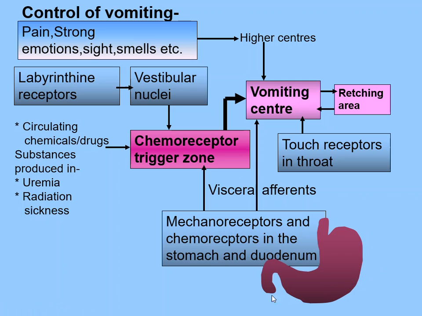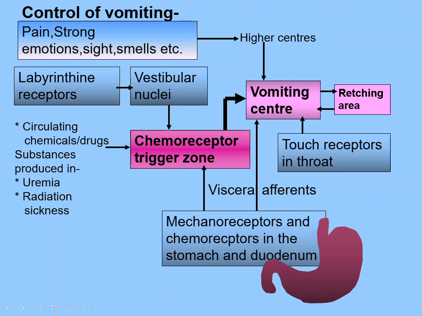Another one is mechanoreceptors and chemoreceptors in the stomach and the duodenum. When the stomach is irritated or when chemical reactions occur, visceral afferents send impulses to the chemoreceptor trigger zone. The chemoreceptor trigger zone again sends impulses to the vomiting center, or visceral afferents directly send impulses to the vomiting center, which leads to vomiting.